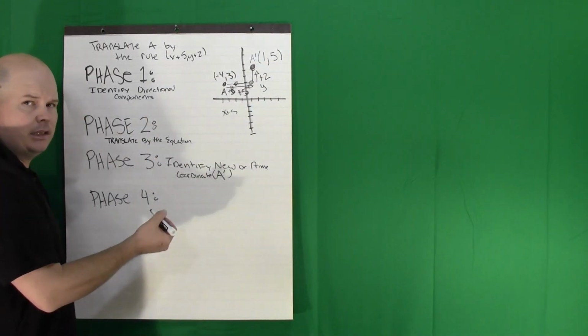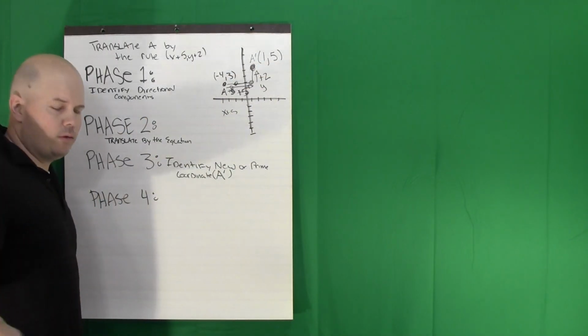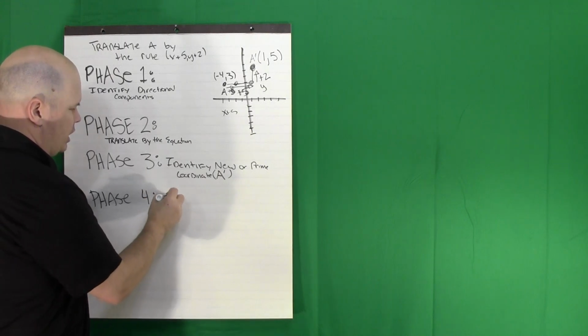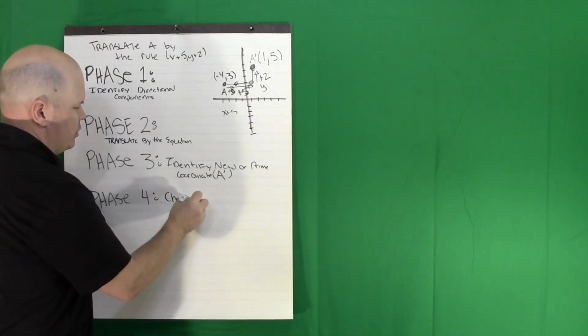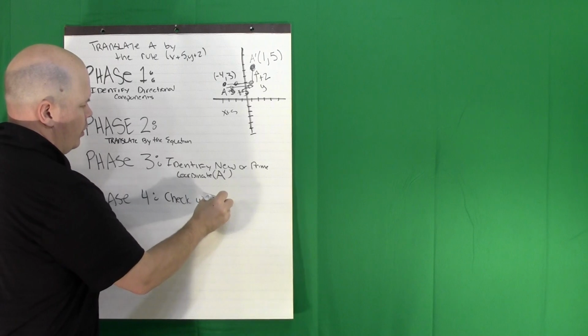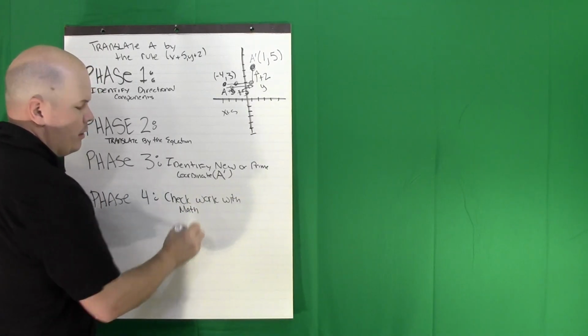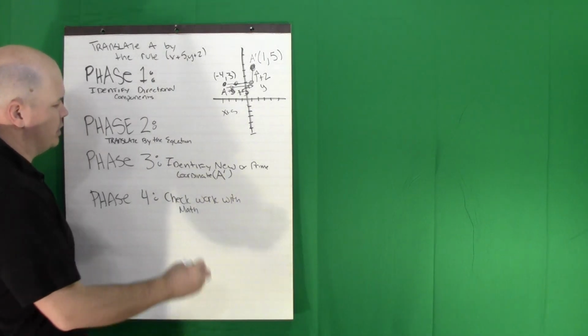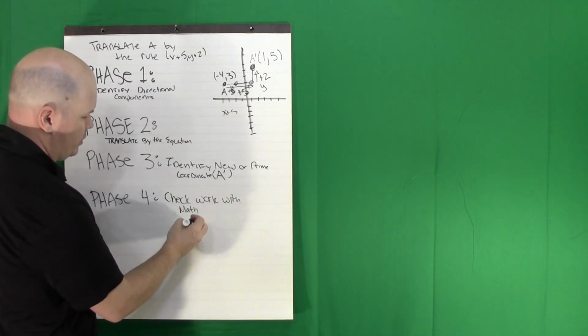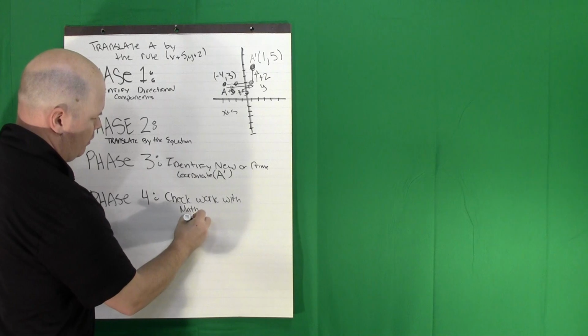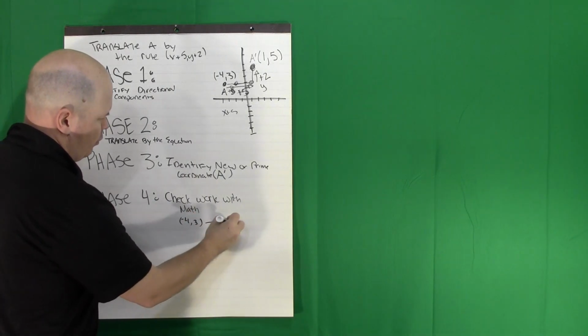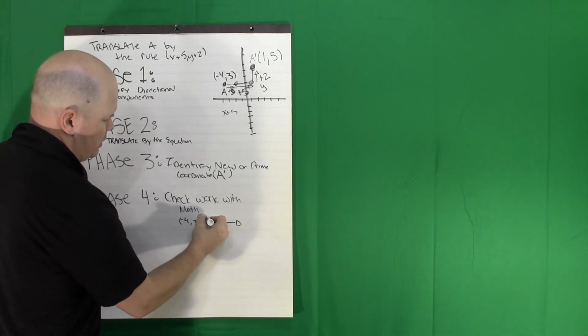So the last thing I need to do, and probably the most overlooked thing, but the most crucial, would be to check my work with math. How I do that is I'm just going to take my original coordinate, negative 4, 3. I'm going to write my equation like they do with translations.